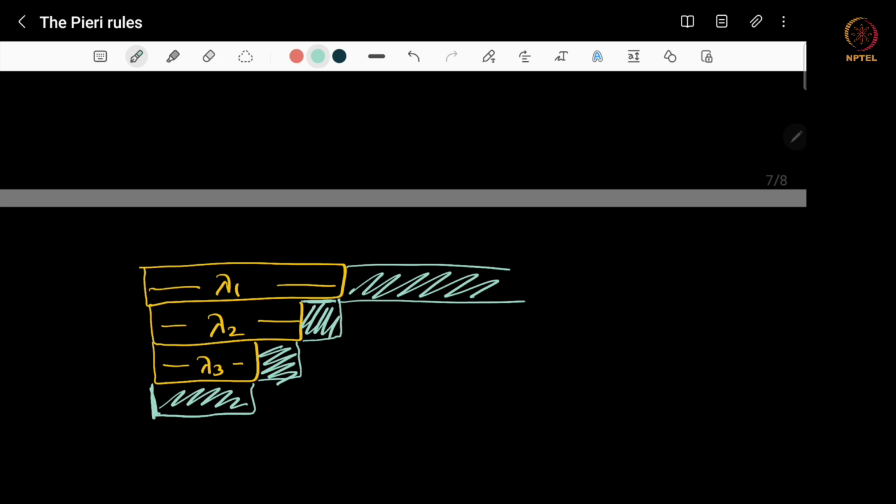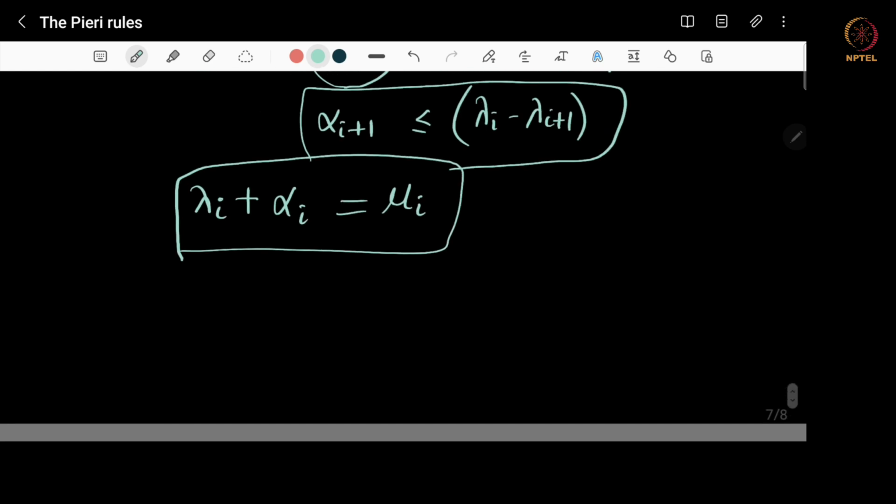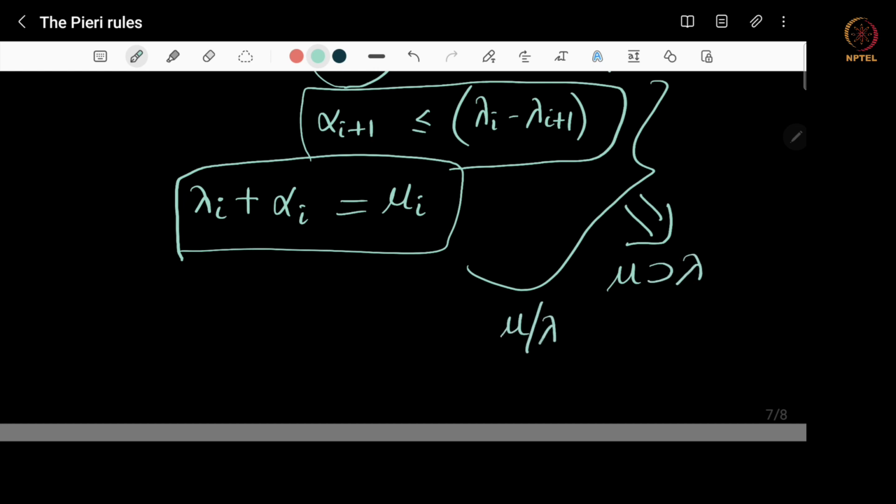So these two conditions exactly mean this: mu is a partition which contains lambda, and mu minus lambda is contained in the horizontal shadow, what I call a horizontal strip. And further with k boxes.